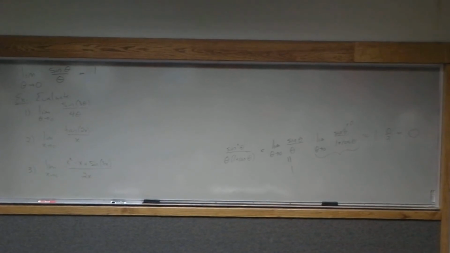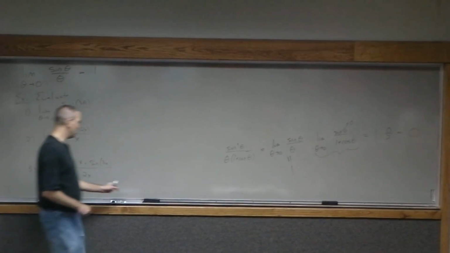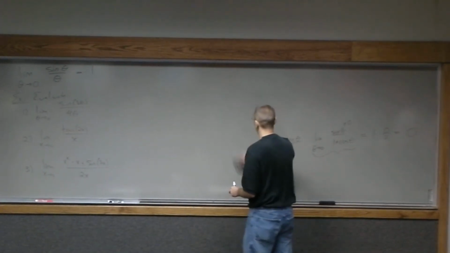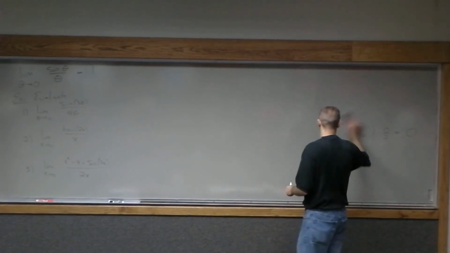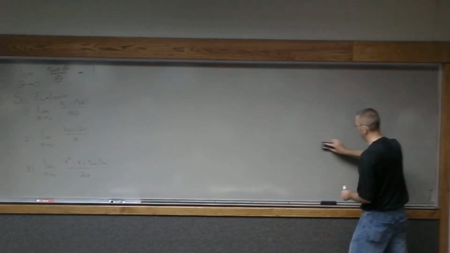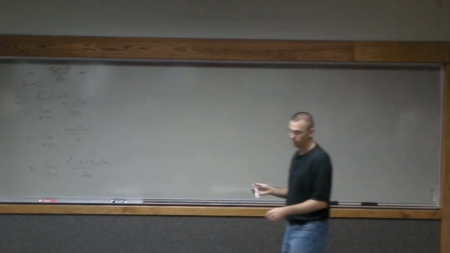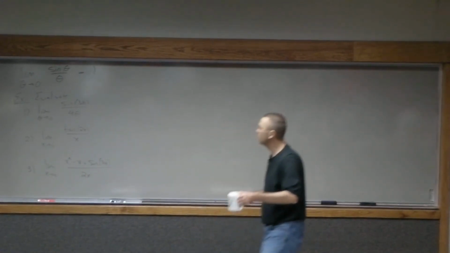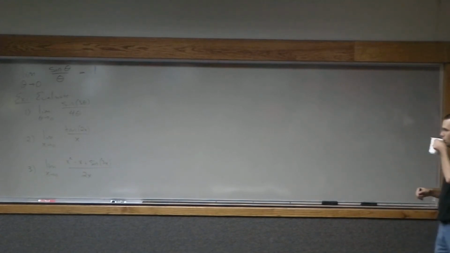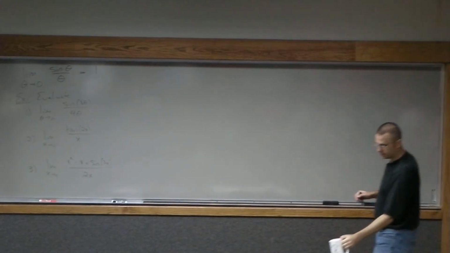Okay. All right. So just some simple limits. Take a moment. Try to figure out what you think the limits are going to be, and then we'll go through and work them and see if your answers coincide with what we do going forward. Okay. Take a minute.